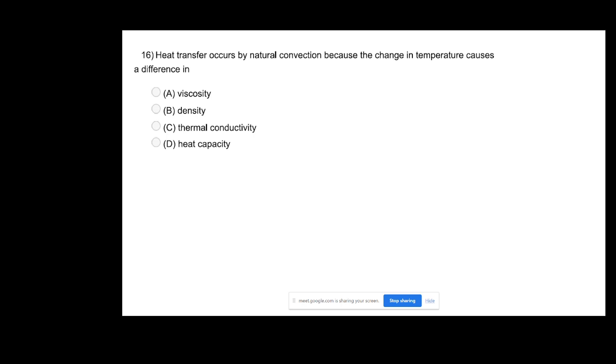So if not, I had highlighted that the change in temperature causes, like if this is T1, which is much higher than TF, the bulk temperature. Since T1 is higher, the fluid in immediate contact will have higher temperature and the far away fluid will have lower temperature. Higher temperature means density will be lower, and lower temperature means density will increase.